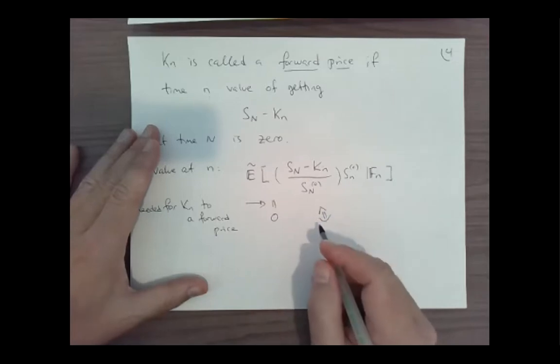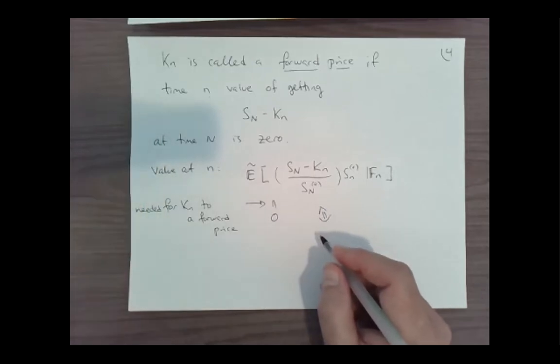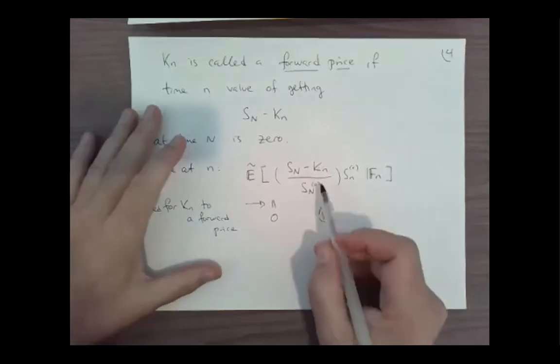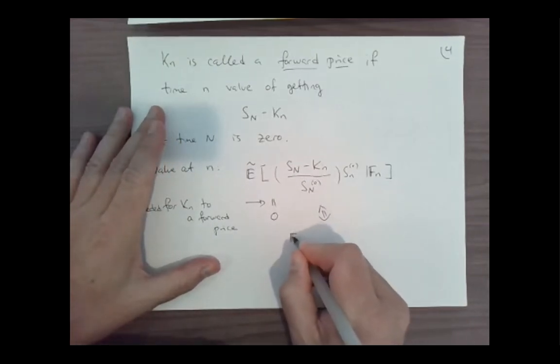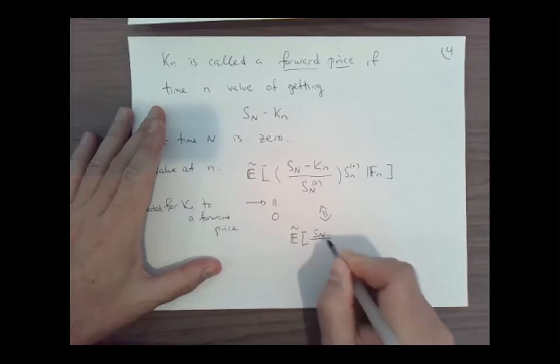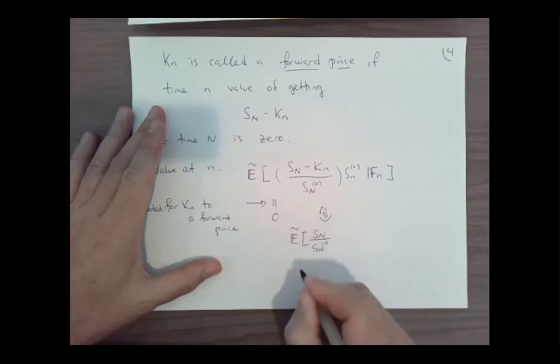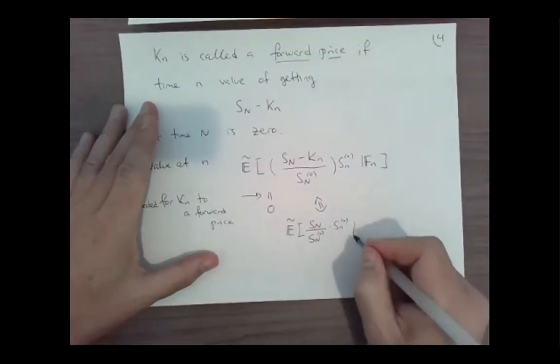So we can solve this thing here, and what we will get is E tilde of Sn divided by Sn0 times Sn0, given Fn.